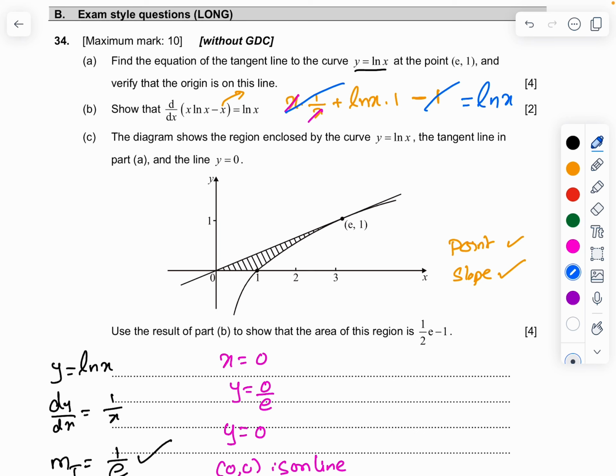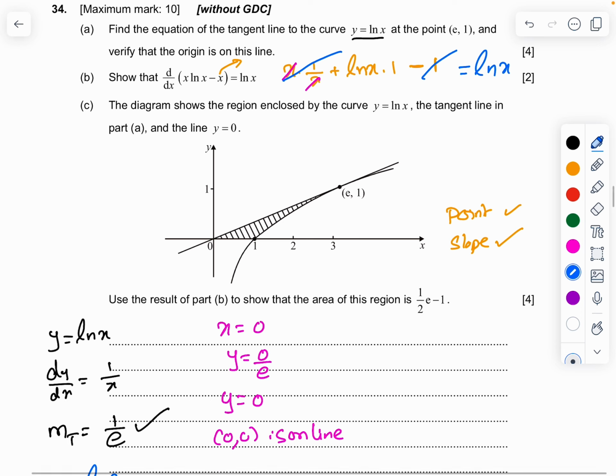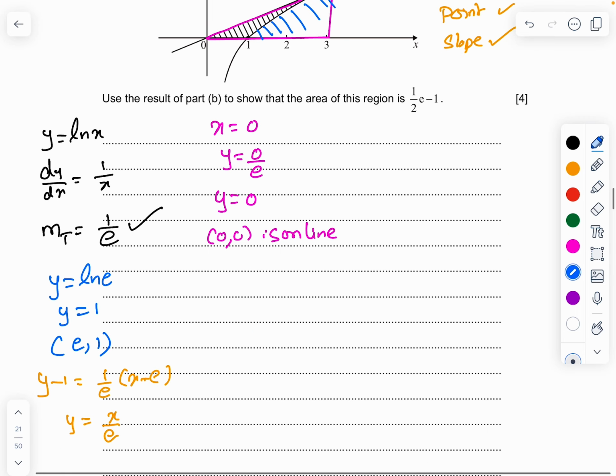So what am I going to do for that one? The better way is, first of all, I'll find the area of the triangle. From the area of the triangle, I'll subtract the area below the curve. Then automatically I'll be getting the area of the shaded region.